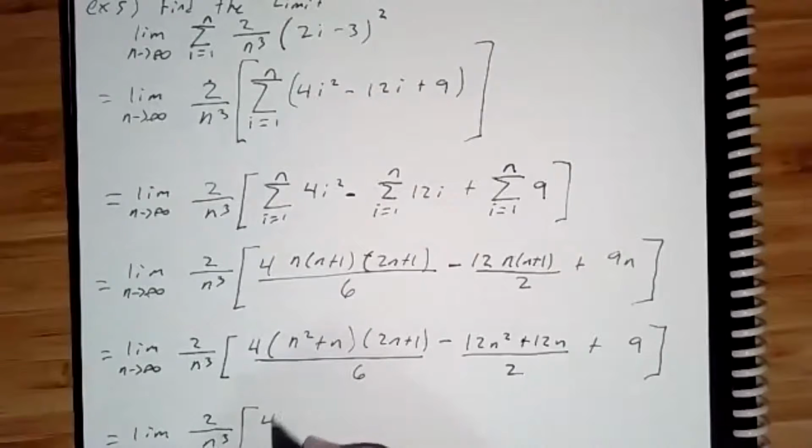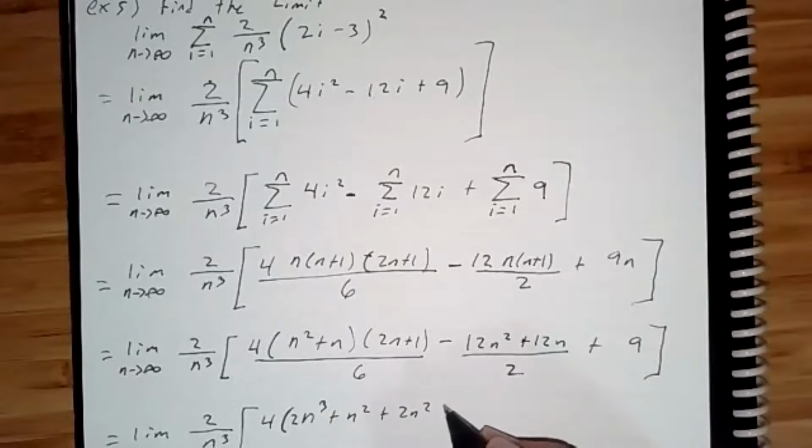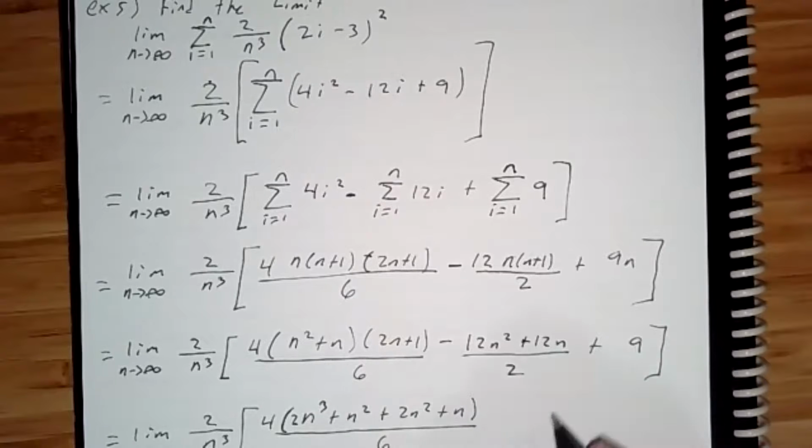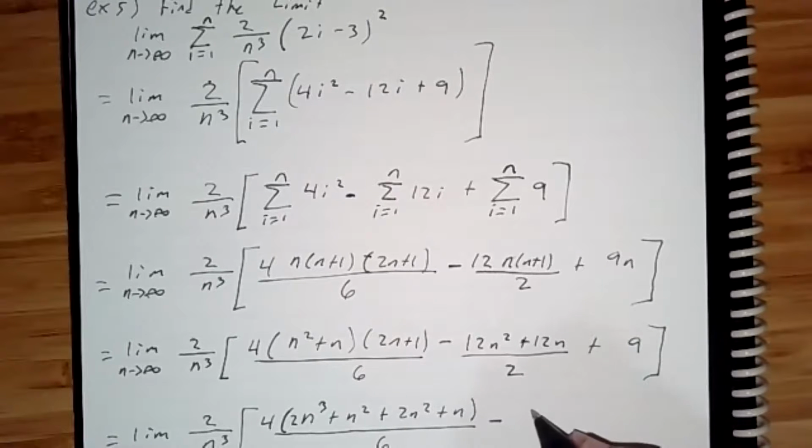So this will be 4 times 2n cubed plus n squared plus 2n squared plus n, right? Minus 12n squared plus 12n over 2, plus the 9.